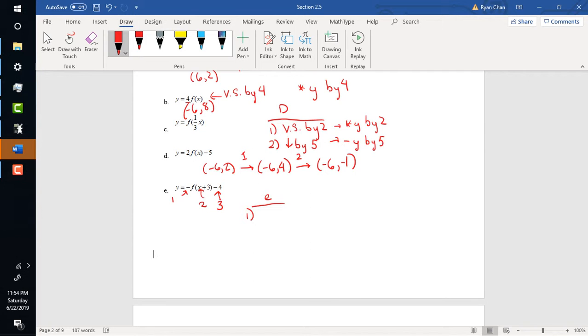So I'm going to do my flip first, right? The negative's out in front, so this is a flip over the x-axis, my bad. I'm then going to go to the left by 3, and I'm going to go down by 4.